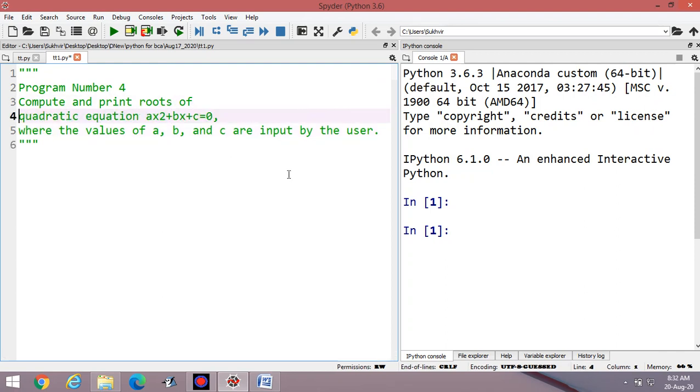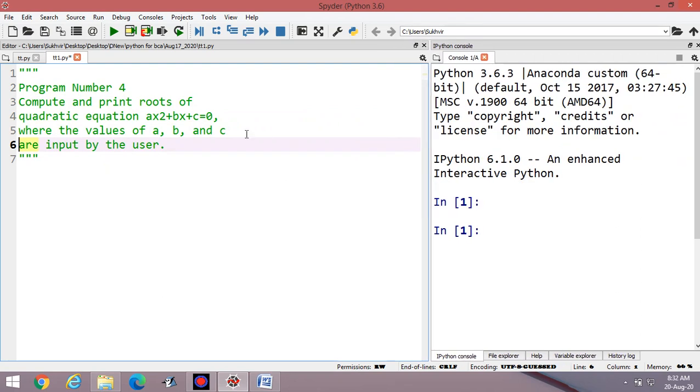Roots of quadratic equation where a, b, c are input by the user. These are basically the constant values. You have already completed this topic in class 10th. Then what is the meaning of a quadratic equation? Still, I would like to repeat the content. First of all, the equation is ax square plus bx plus c is equal to 0.